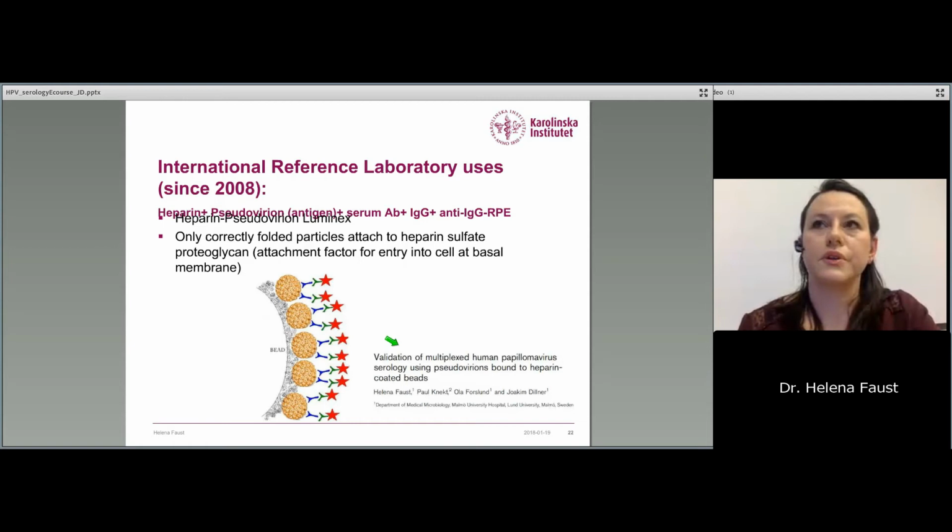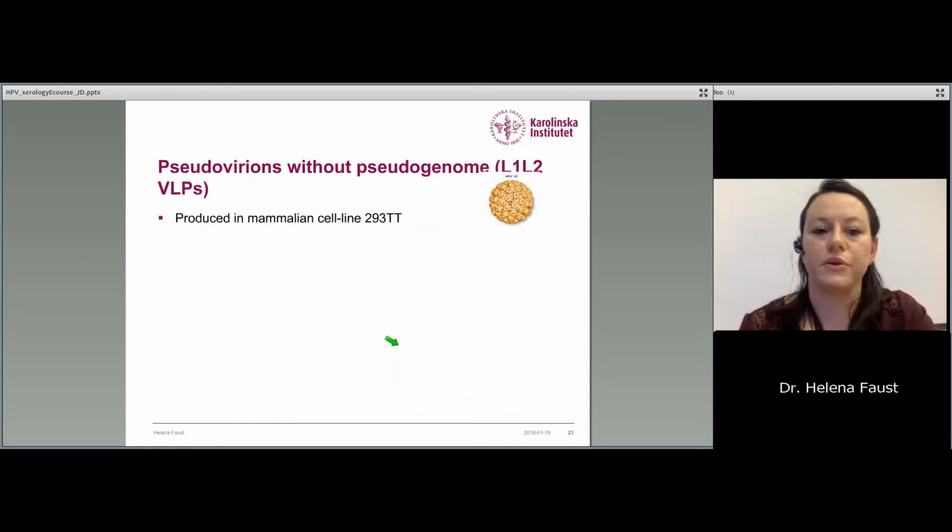This is a rather universal attachment factor for many viruses, so HPV is nothing special here, but still it avoids noise, meaning that just floating L1 capsids or L1 monomers could bind to the bead or to the bottom of the well. So we have more accurate measurement of the antibodies too, because those antibodies which we are measuring are specific for the virus-like particle or pseudovirion, not just the L1 monomer or capsomer.